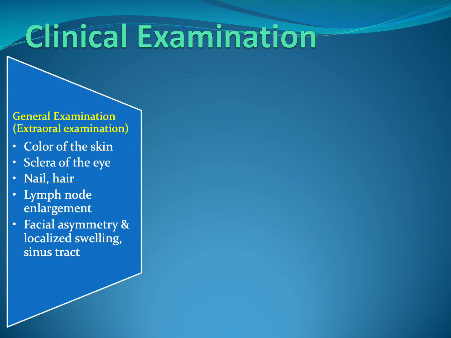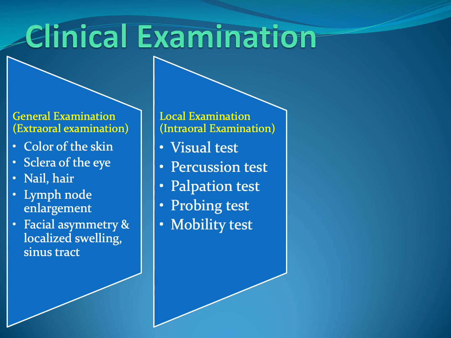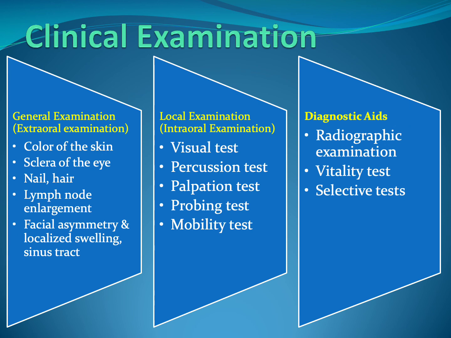What we do in the clinical examination: general examination or extraoral examination, color of the skin, sclera of the eyes, nail, hair, lymph nodes, enlargement, facial asymmetry in cases of swelling or facial swelling, intraoral examination, visual examination, percussion, palpation, probing, and mobility tests.